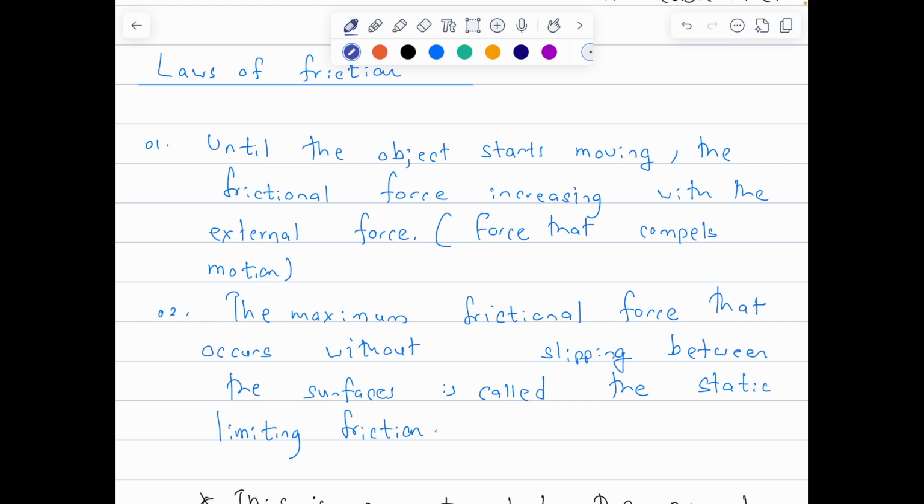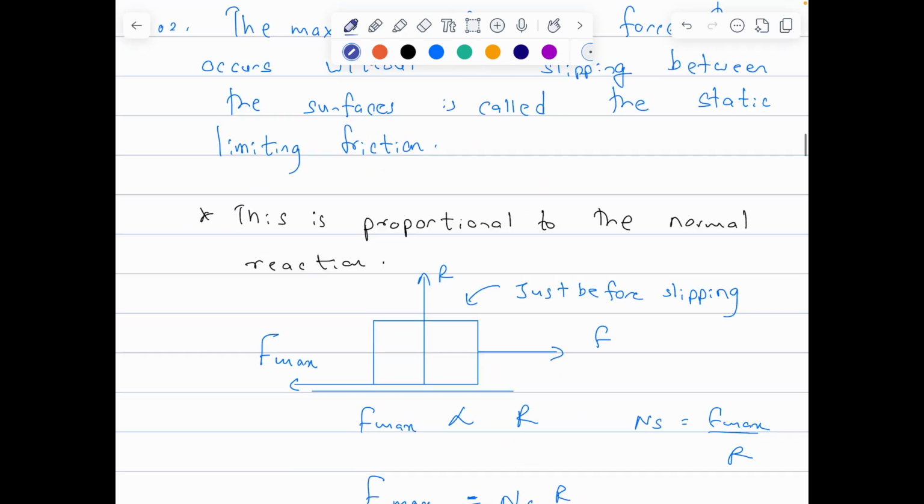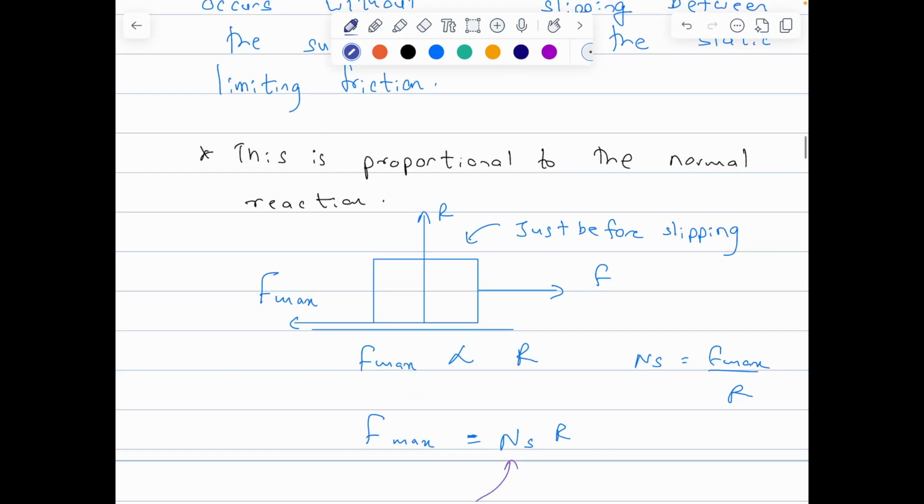Right? So this friction has to be understood along with the external force that you apply. The maximum frictional force that occurs without slipping between the two surfaces is called the static limiting friction that we understood. Now, this static limiting friction is proportional to the normal reaction, right? This static limiting friction is proportional to what?